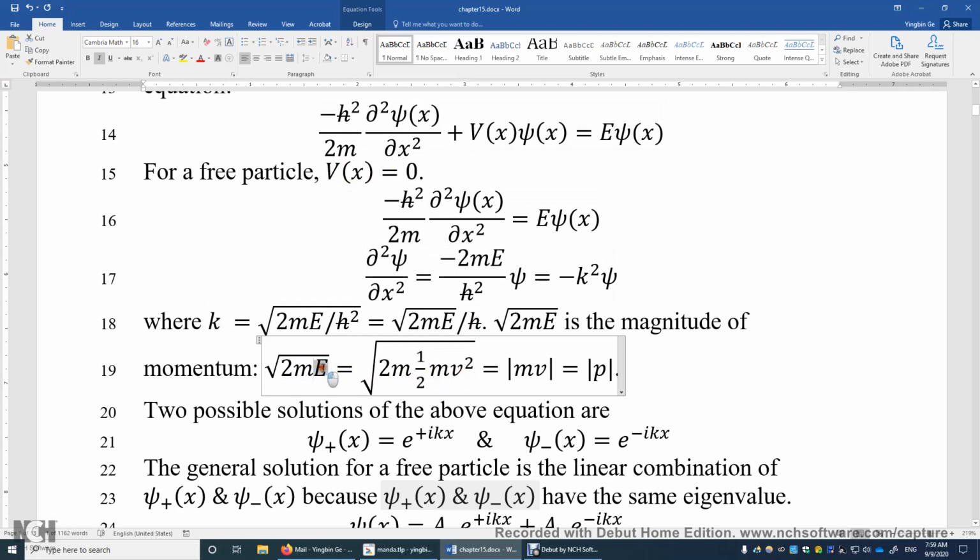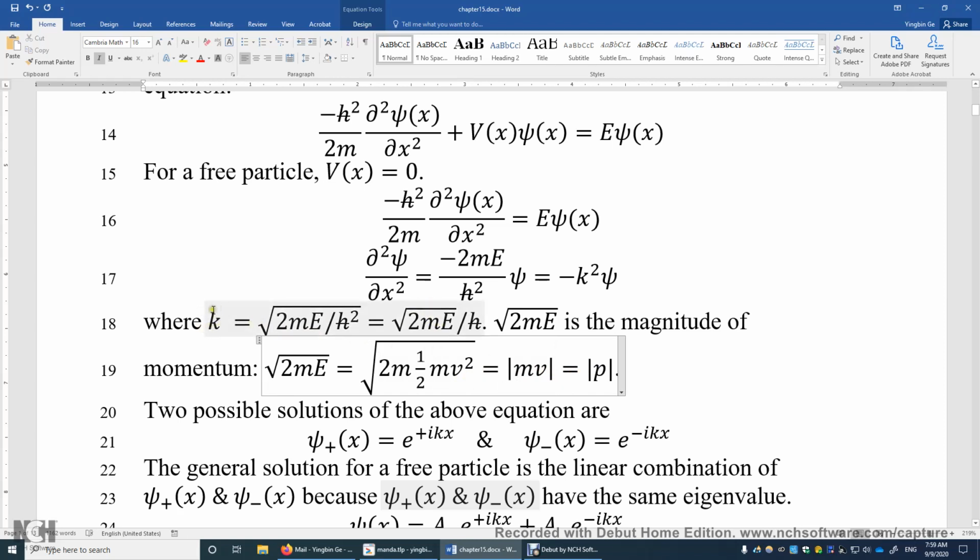I just replace this E with kinetic energy, and kinetic energy is half mv squared. And then we combine this, you'll see it's just the square root of m squared v squared, which is just the absolute value of mv, and mv is the momentum.